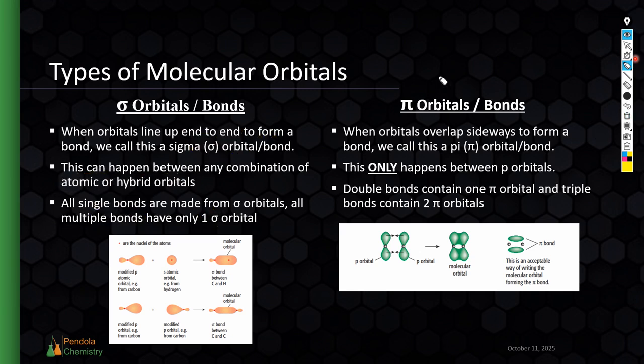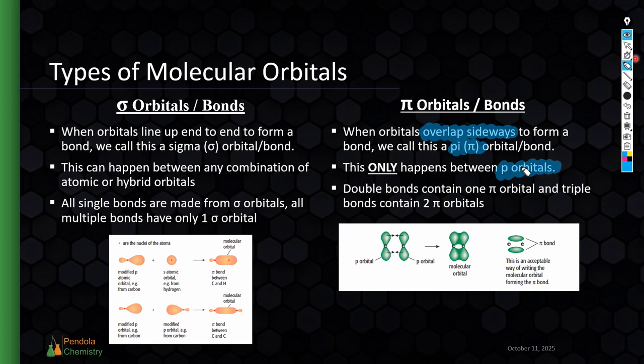Now, pi orbitals or pi bonds are different. Pi orbitals or pi bonds are going to specifically happen when orbitals overlap sideways. Now, this is very unique, and it only happens in one situation. But again, pi orbitals or pi bonds are going to happen when orbitals overlap sideways, and this only happens between p orbitals.